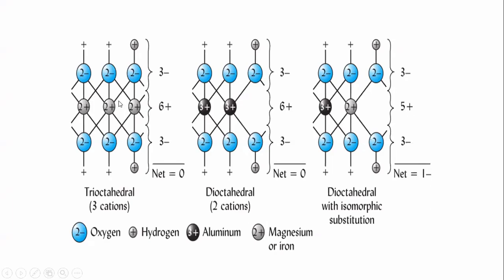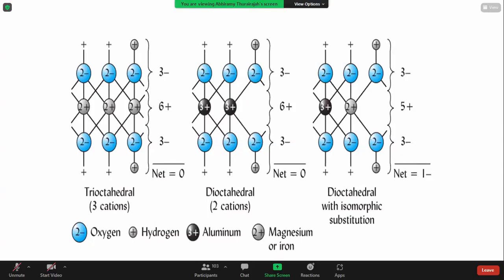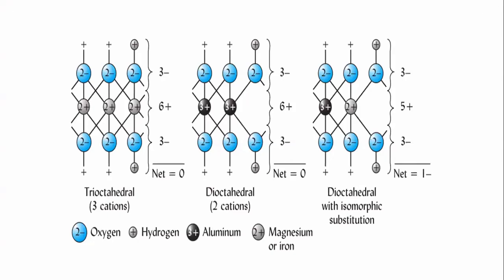Yes, ma'am. Okay. Can you now explain this one? This is the dioctahedral sheet. Okay. Why is this a dioctahedral shape? Others, please listen. He is the one going to explain this, so I will not repeat. Others, please listen carefully. Okay. You continue.